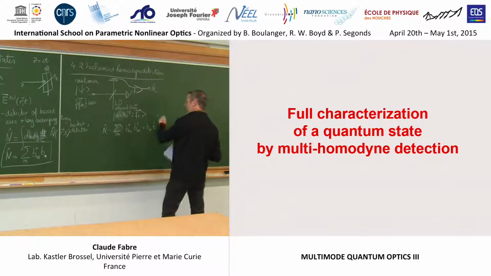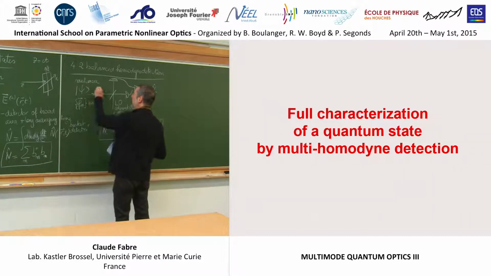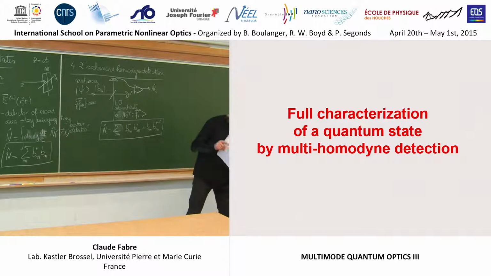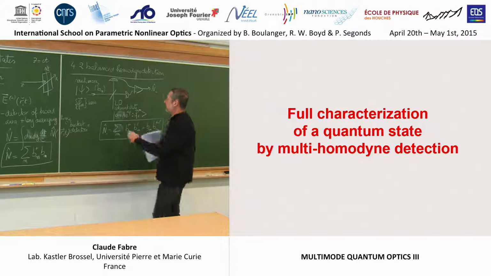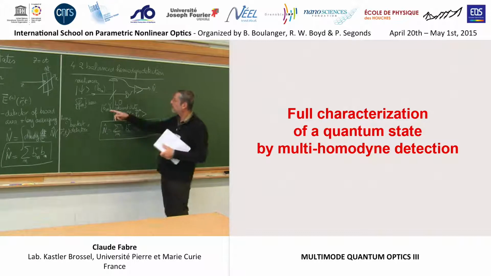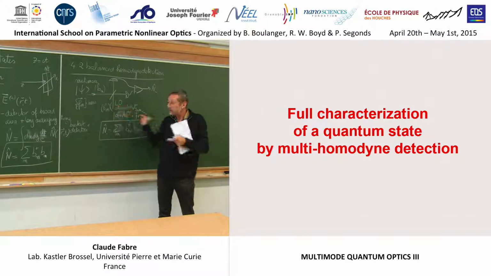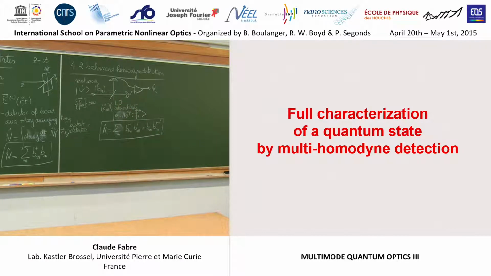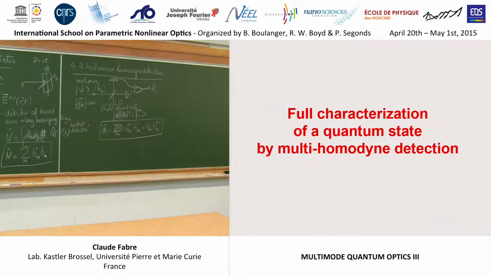What are the b and the b prime? The b are the bases here, the b m on this side. They allow us to describe the field on this side. And the b prime correspond to F prime modes, which are the mirror modes of this one, so the ones which will mix on the beam splitter. In order to have the F prime, you just take the mirror image of the other one.